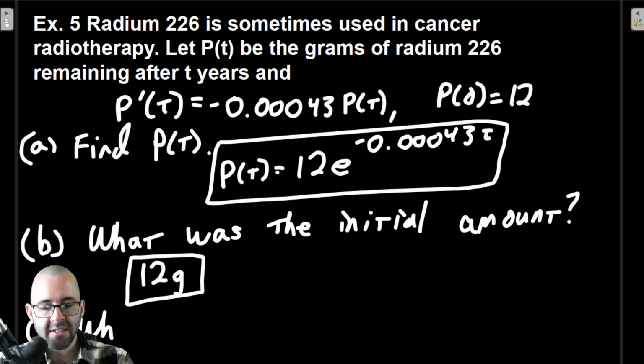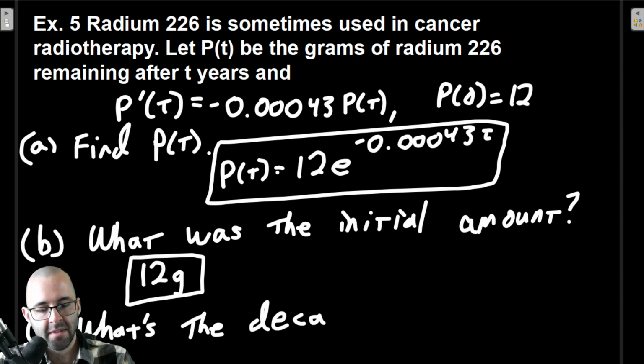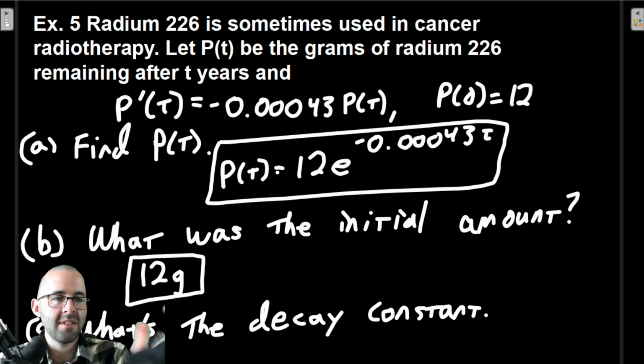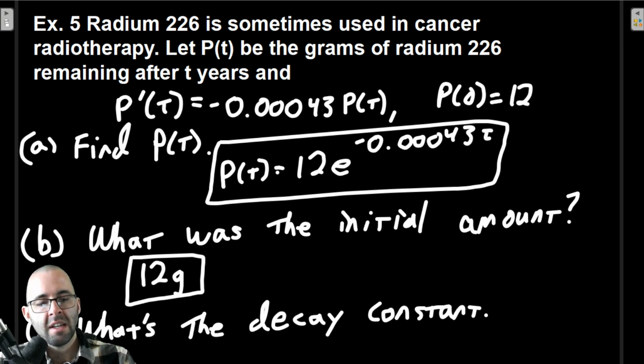Part C, what's the decay constant? So again, decay constant is just the number next to the P of T. And different books have different tendencies, whether they allow the decay constant to be negative. Here, we have e to the negative lambda t. So lambda should be a positive number, and then the negative is before the lambda.